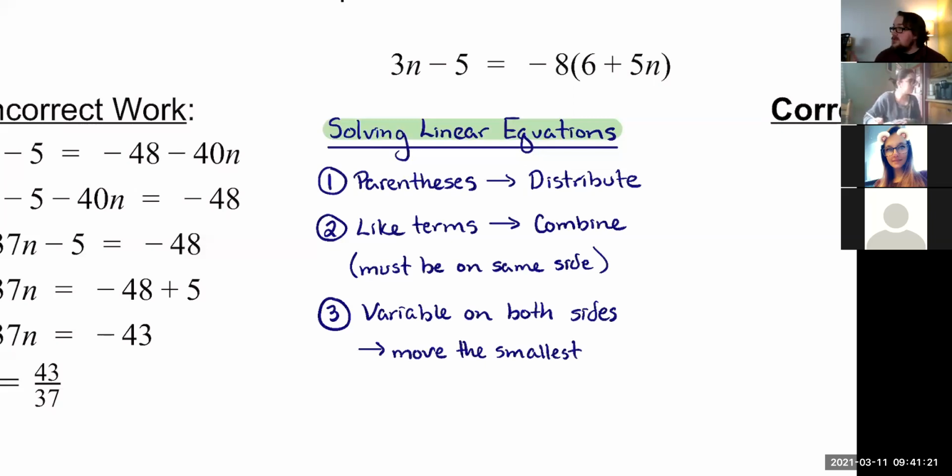Now, Leanna, I know you typically went a slightly different route. You always like to move yours to the left, which meant that sometimes you were moving the smallest, sometimes you were moving the largest. But as we can probably attest, that still worked. Just meant you had a negative later on that sorted itself out. No big deal there. That's just a recommendation. And then the fourth and final thing we had to do was to get the variable by itself.